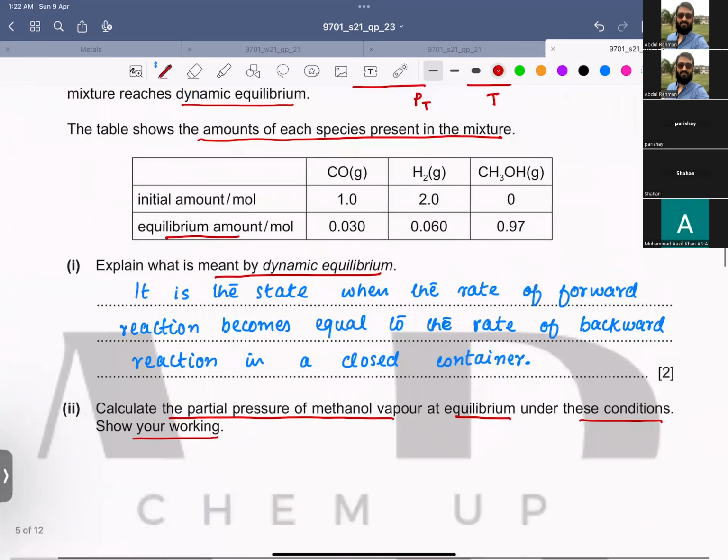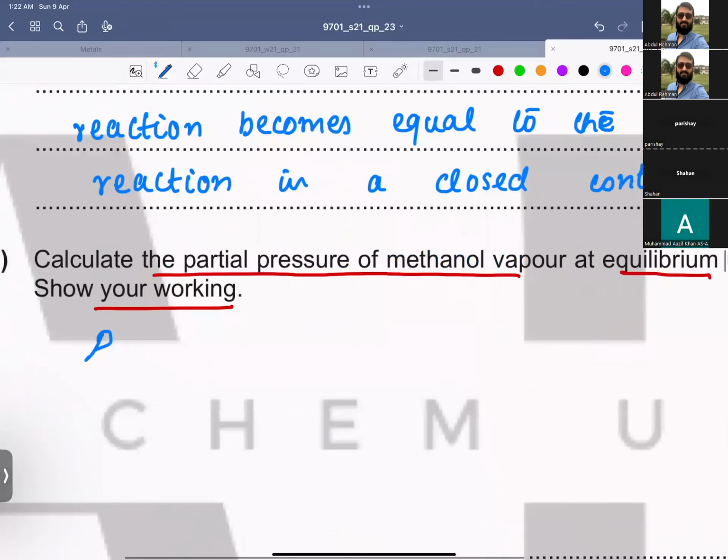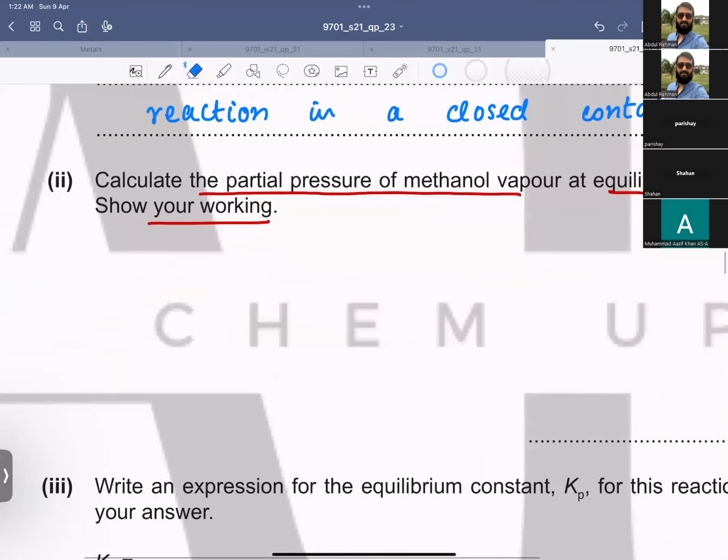And if we have to find the partial pressure of methanol, we represent the partial pressure with the italic P. So the partial pressure of methanol would be equal to mole fraction of methanol times total pressure.